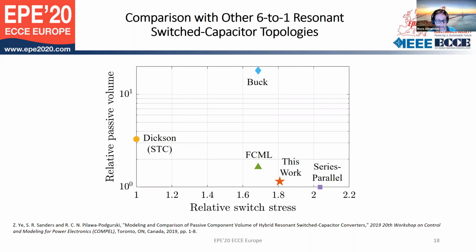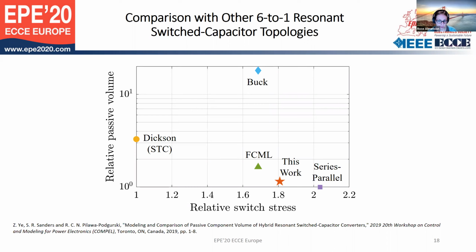So this topology at least shows several benefits in comparison with a series parallel topology. And then if we look at the FCML, that was another option. Here we're moving more towards the origin, but at the trade-off of now having higher passive volume. The Dixon, FCML, this work, and series parallel are all operated as resonant hybrid converters.